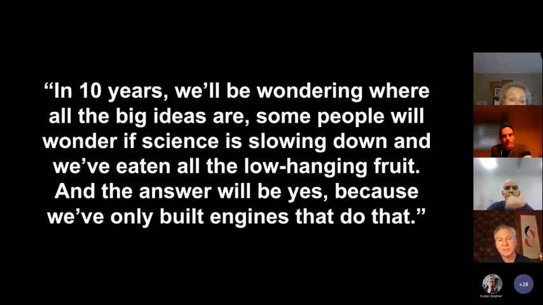If we don't build the new engines, and platform trials are one of them, we're not going to discover things that are new. Just doing more and more of the same thing on bigger and bigger numbers has its benefits. But if you need 10,000 patients to prove that a cancer drug works in your clinical trial, then the effect size is so small that it probably won't be used or approved for therapy.